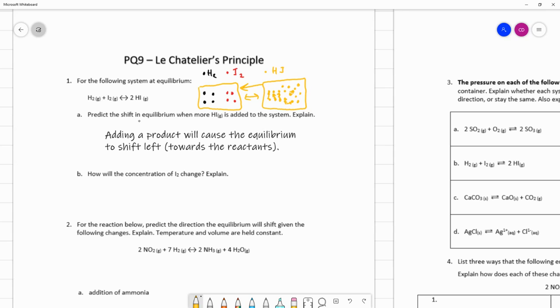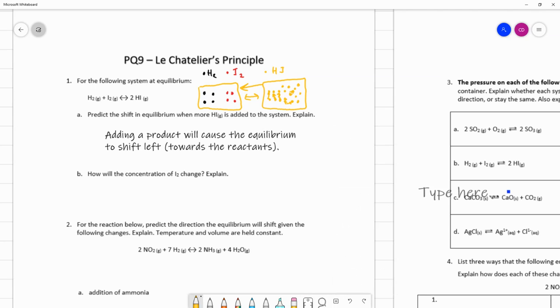So the product molecules are reacting more and turning back into reactants, which will have the effect of increasing the concentration of the reactant molecules as equilibrium shifts. So in general, whenever you add a product, that's going to cause the reaction to shift left or towards the reactants.